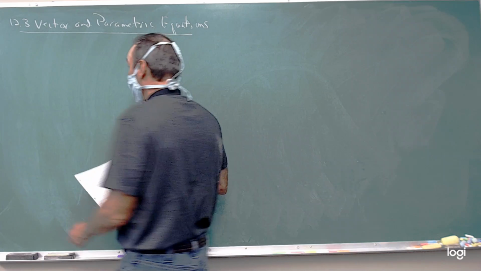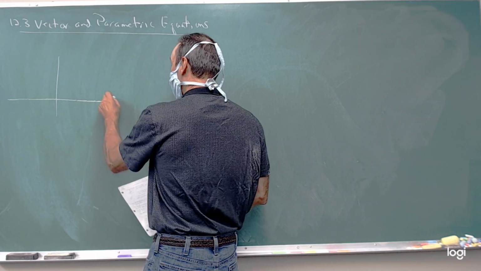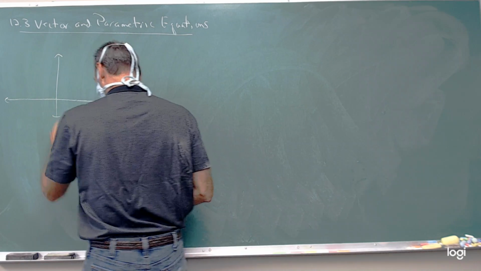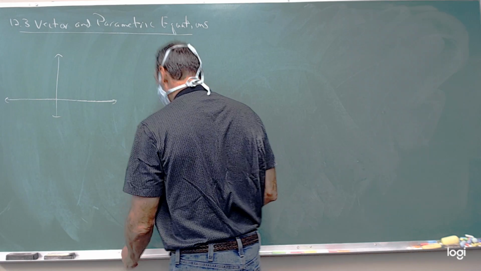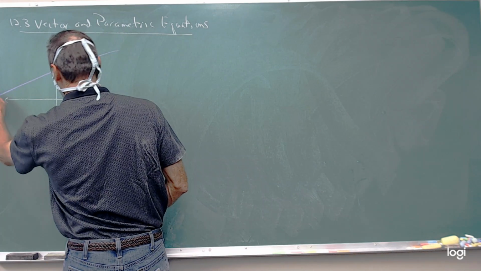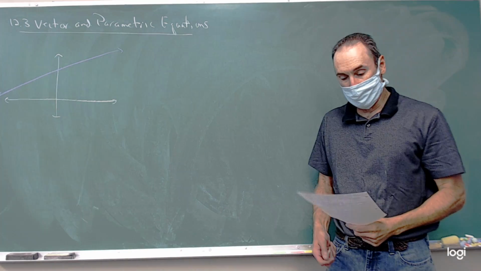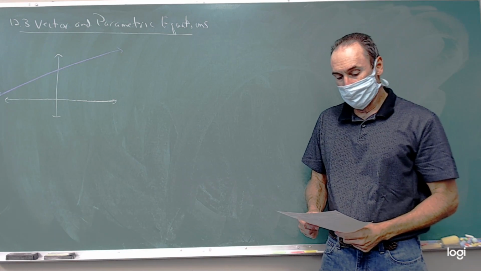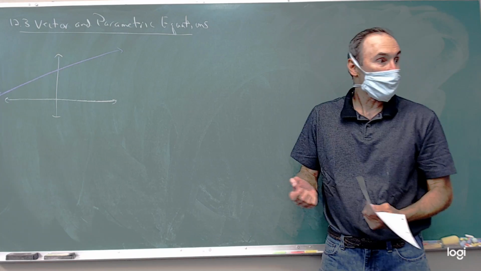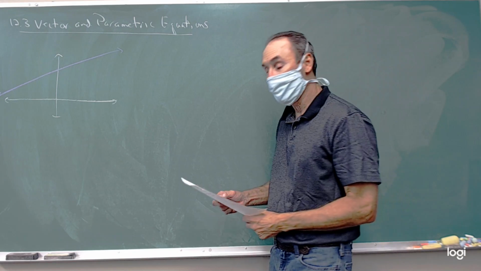So anyway, imagine, if you will, here's our xy axis, and suppose we have some line on this plane. We are well versed with how to talk about a line in terms of just x and y coordinates and equations, but we want to think of this as vectors.